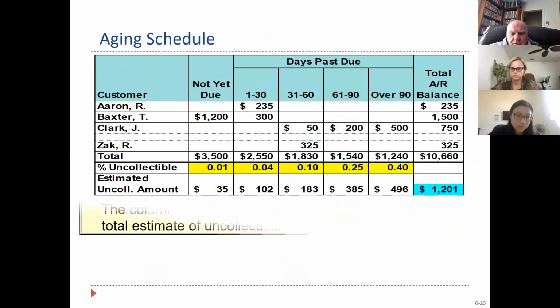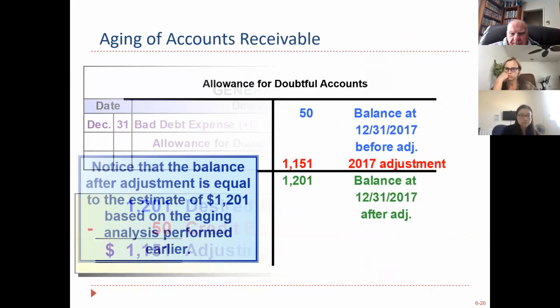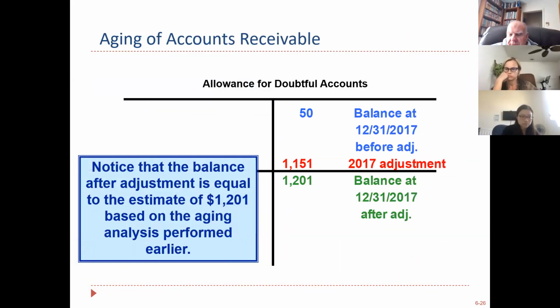And then the write-offs would be a debit to the allowance and a credit to accounts receivable. I would have that T account in front of me when I'm doing the homework. It might provide a little bit of comfort.